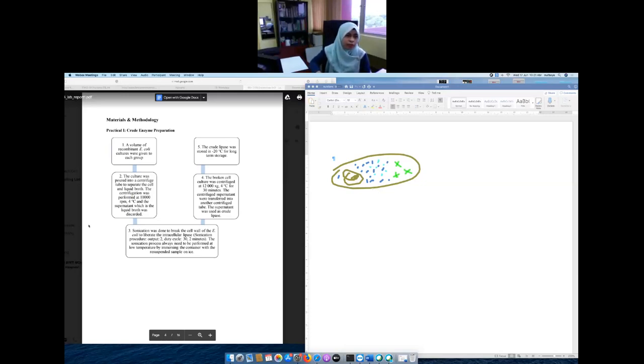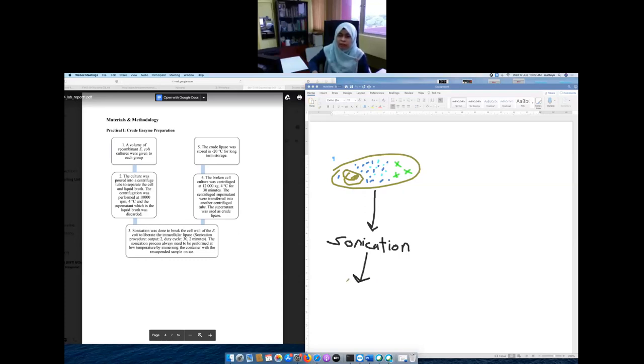We will break the cell using the sonication technique. Sonication is the process to break the cell using sound.